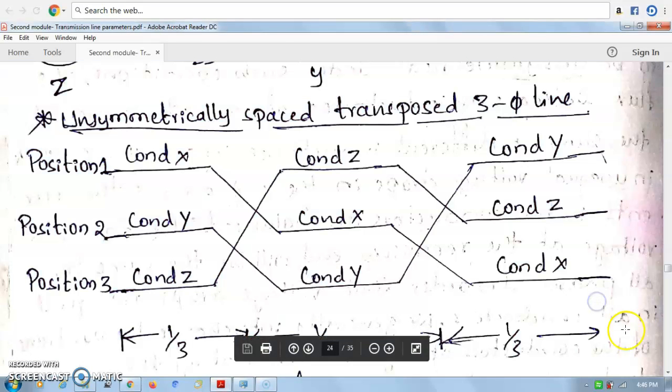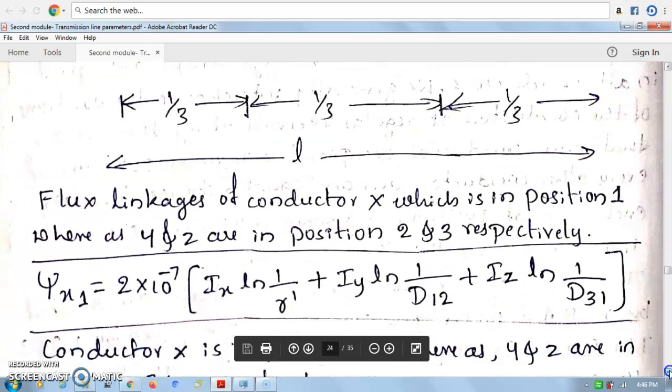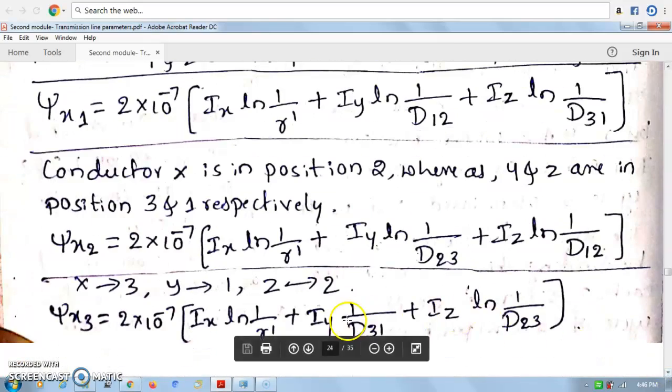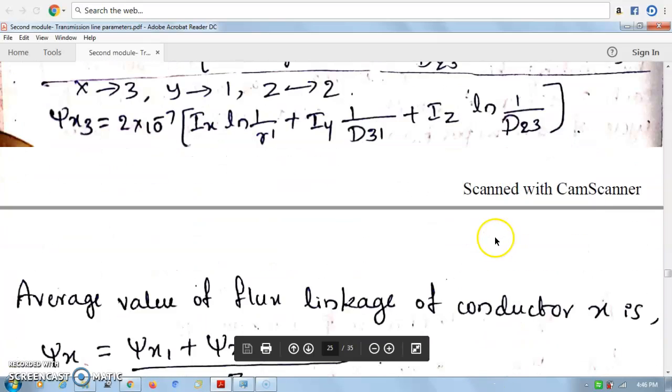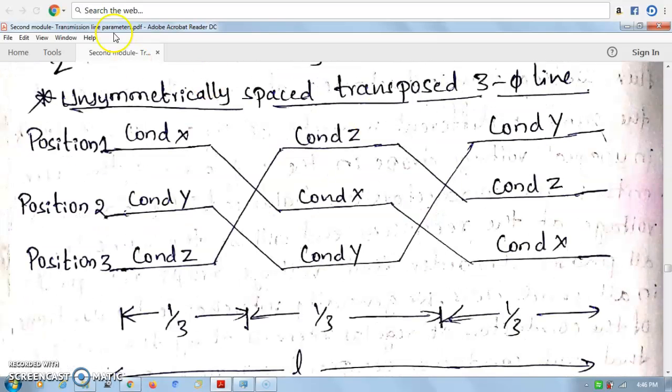Therefore, for this X conductor, see the formula for that flux. Then for the next conductor at the third position, D3 to 1 here, D2 to 3. Getting it? This is the order to follow while writing the distance between the two conductors. This is the flux of the X conductor at the first position, second position, third position.